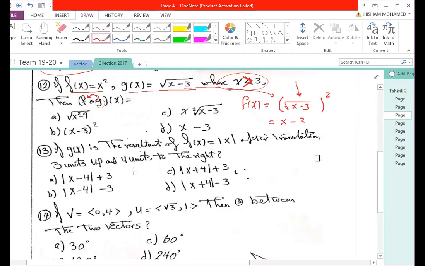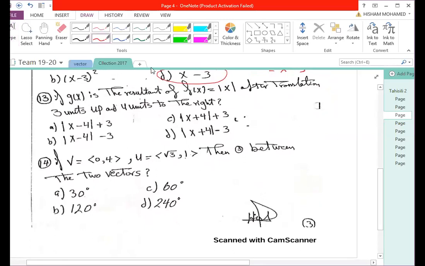So it's x minus 3, after canceling the root with the power. So f g of x, you can also write as f of root x minus 3.